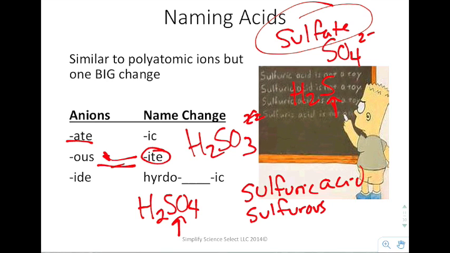Whenever you have a sulfide or an element by itself, it becomes hydro blank ic. So you would have hydro, and then sulfuric acid. So if you can see, the naming of the acid is going to depend on the anion, so you have to know your polyatomic ions.